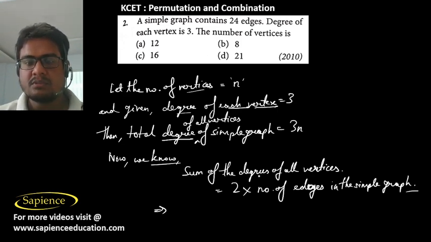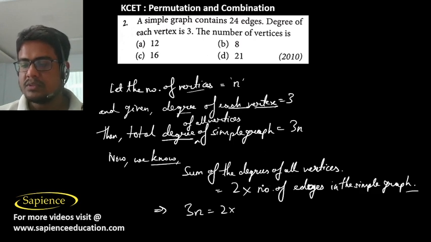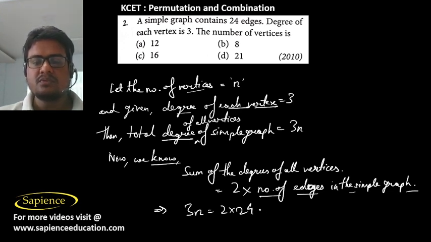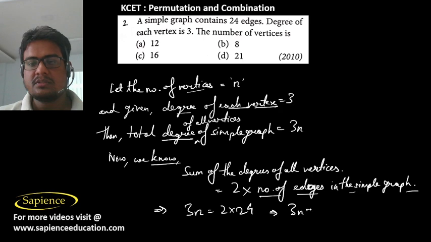Therefore the sum of the degrees of all the vertices, that is 3n, will be equal to 2 into the number of edges in the simple graph, which is given as 24. Therefore 3n is equal to 48.